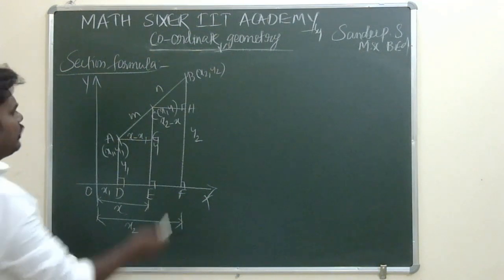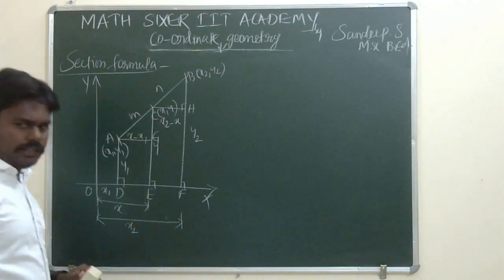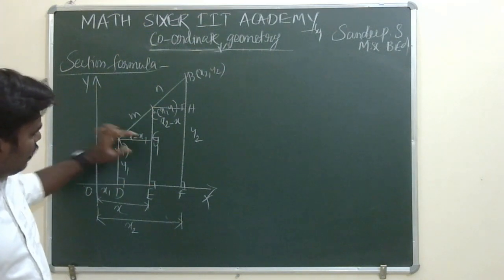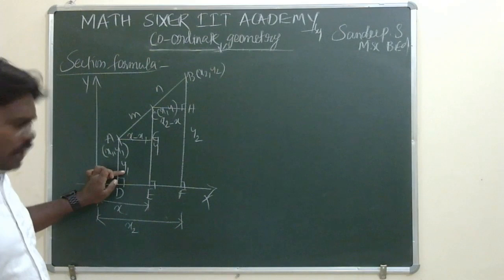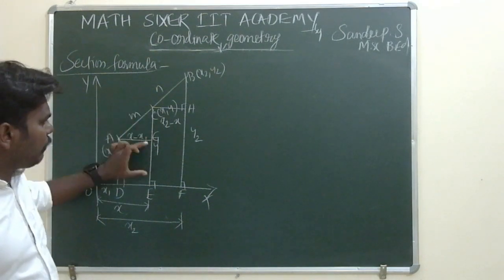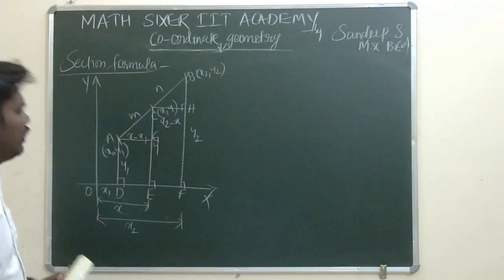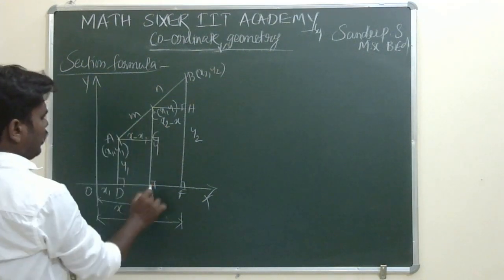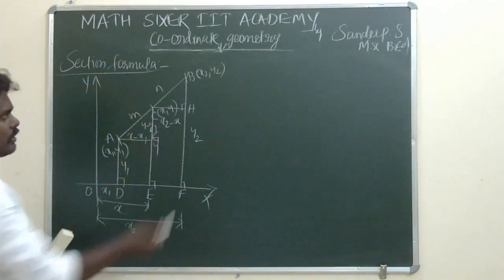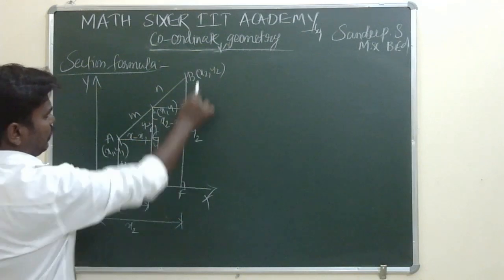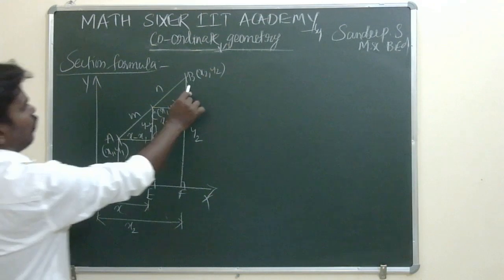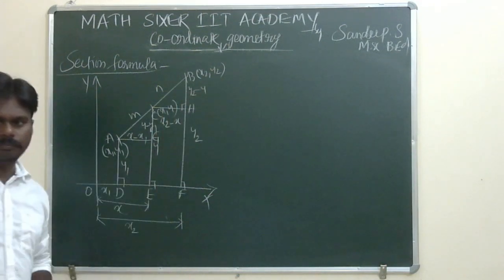And similarly GC: CE is y and AD is y1, so to find this distance you have to subtract this length from the total length. Hence CG is y minus y1. And similarly HB is the total distance y2 minus this distance y, so y2 minus y.